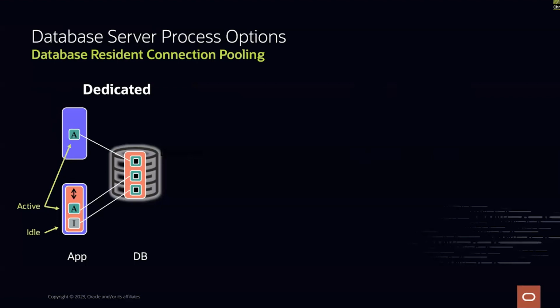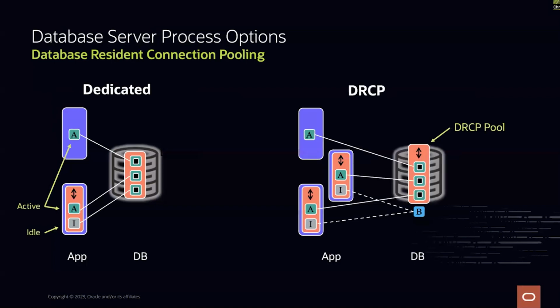So there's a one-to-one correspondence between what you're doing in the application tier, and this is showing two processes on the left connecting to the same database. Every time the app wants a connection, whether it's pooled or not, it's holding onto a database resource, those boxes in the middle on the database tier. With database resident connection pooling, we can break that.